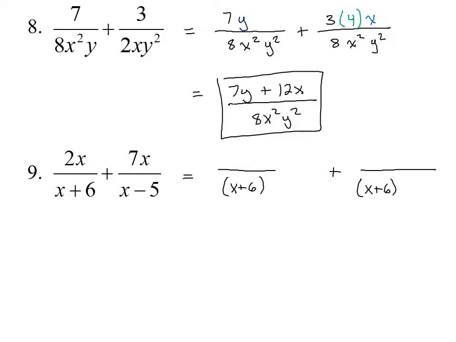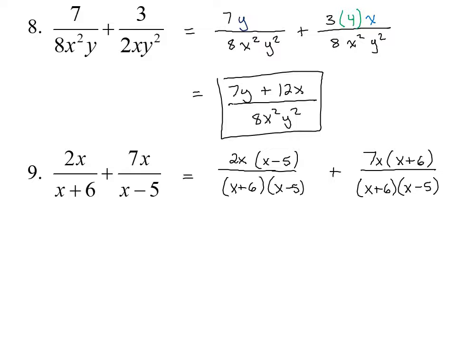And my highest power on the x minus 5's is x minus 5. So I need an x minus 5 on each one. Now the 2x on the top had the x plus 6, but it did not have the x minus 5. And the 7x had the x minus 5, but it did not have the x plus 6. So we're adding that additional term on the top of each one.